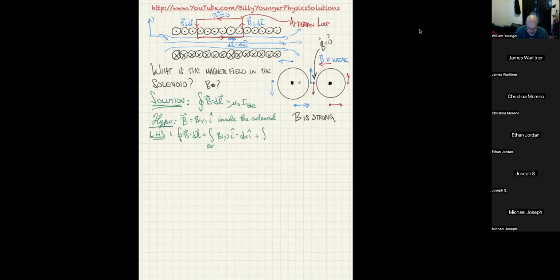Plus an integral on the right-hand side, which I'll just say RIGHT here, is going to be essentially B of Y i-hat dotted with, in this case, positive dy j-hat, plus the integral of approximately 0 dotted with, in this case, negative dx i-hat, and that's for the top, and then plus the integral over the left.